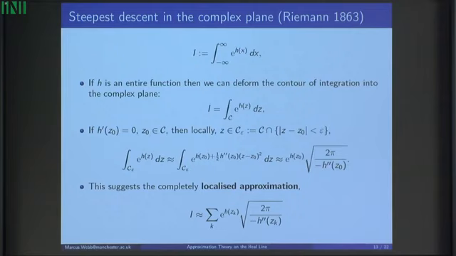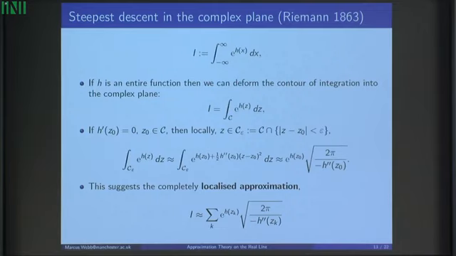So if you've got an integral of this form at the top, and h is an entire function, then you can deform the contour if you're being careful, and you'll still have the same value for the integral. And it's at stationary points where the derivative of h is 0, where you can make a local expansion of your function.